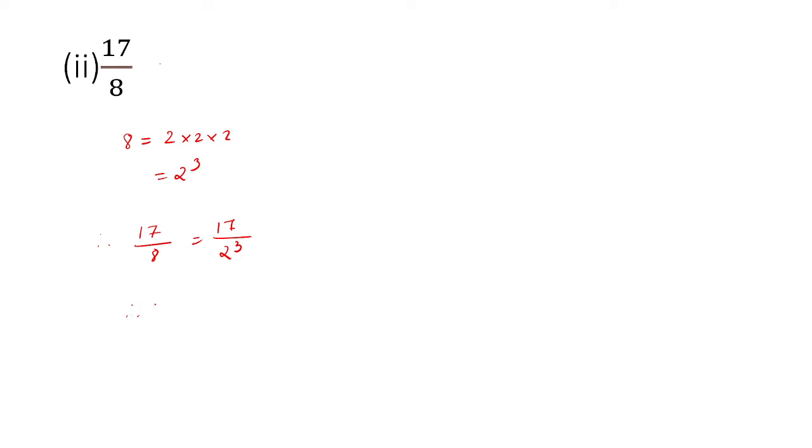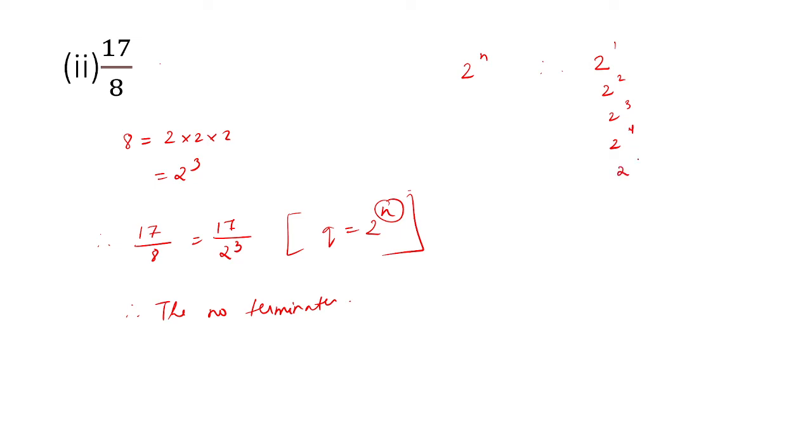So the rational number terminates, because here q is in the form 2 to the power n. Remember again, n can be any number. When you write 2 to the power n, we talk about all the different possibilities: 2 to the power 1, 2, 3, 4, 5. These are all the values that can be taken by n.